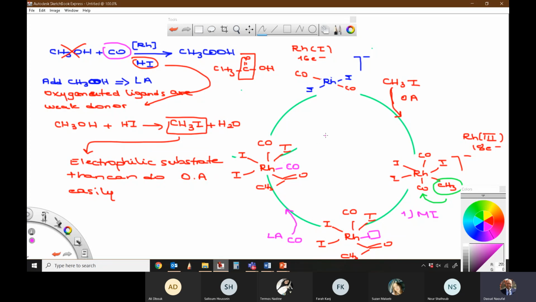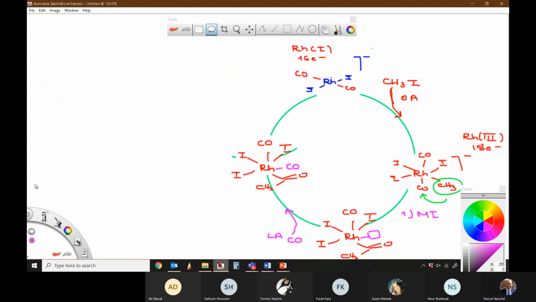Pay attention that we have to regenerate rhodium I2 with 2 CO. So we have another step that will regenerate the initial catalyst.